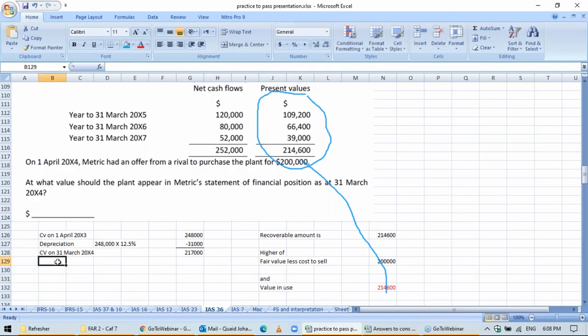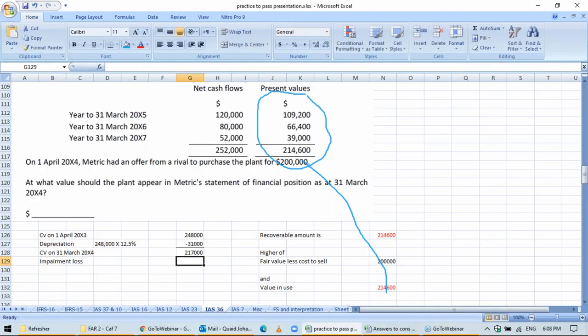Now compare this recoverable amount, this red amount, with the carrying value. Isn't the carrying value higher than the recoverable amount? It is. So what you have to do is reduce the carrying amount by the impairment loss, which will be recognized in the profit and loss account.